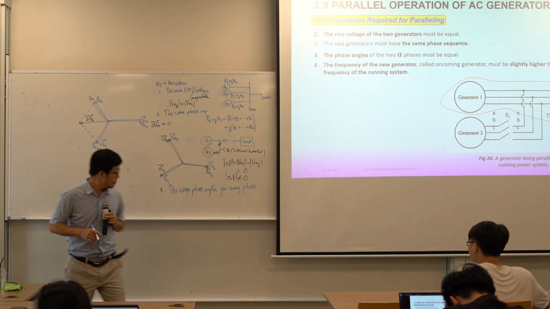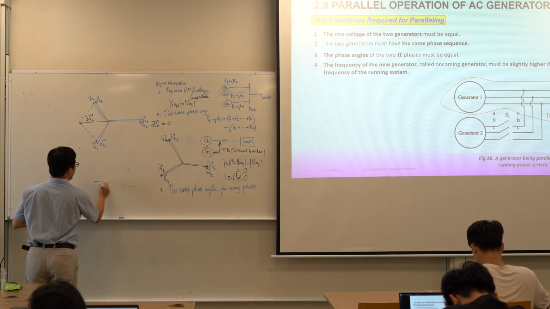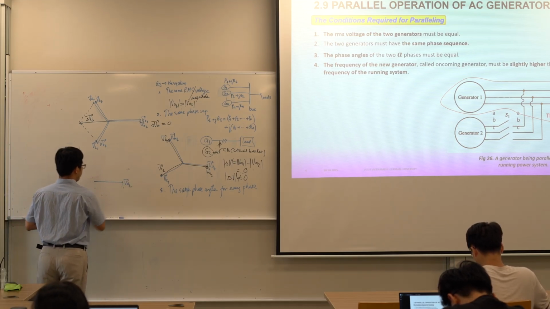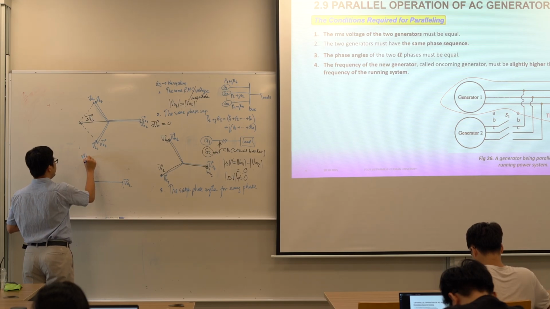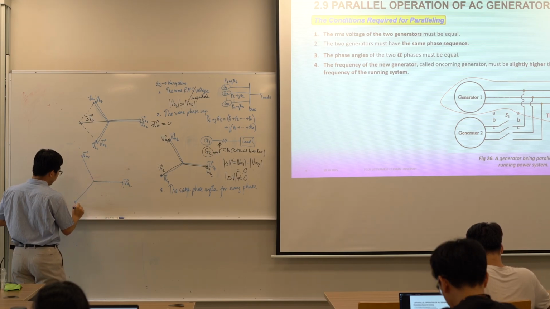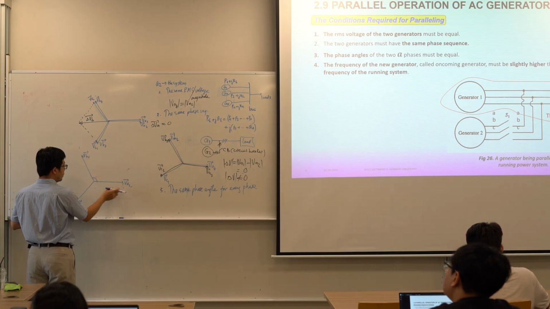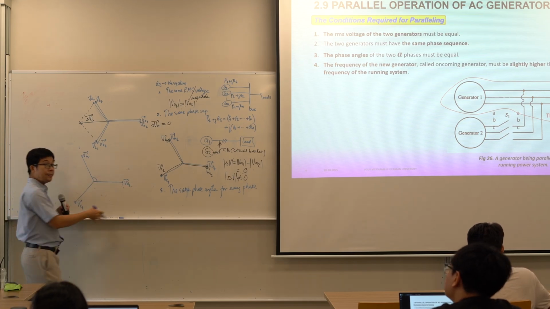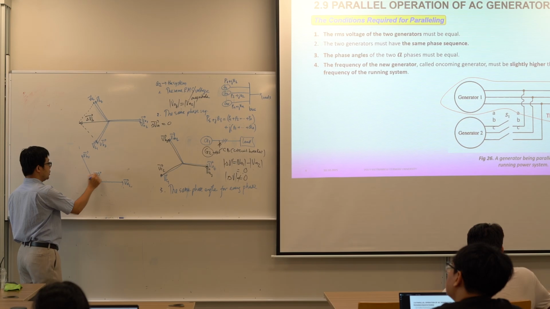What does this mean? Here we have VA1, here we have VB1, here is VC1. You know, each phase differs from the others by 120 degrees.